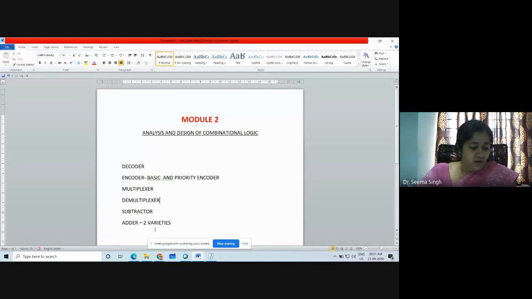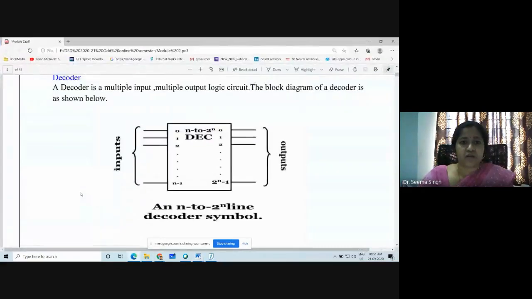Decoder is a multiple input, multiple output logic circuit, and the block diagram is shown here. Make this block diagram in your notebook. That is an n to 2 to the power n decoder.